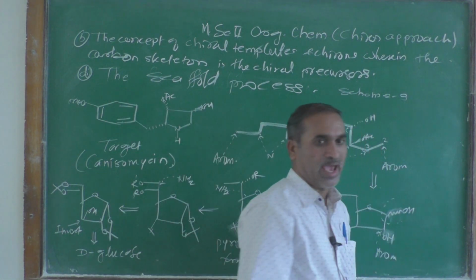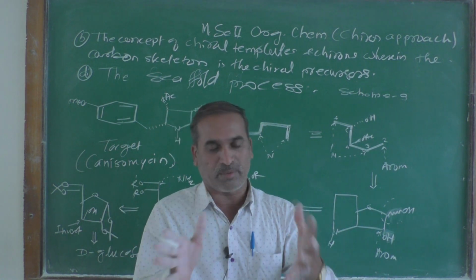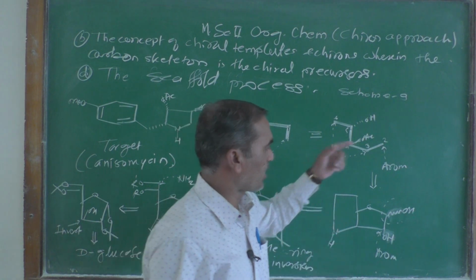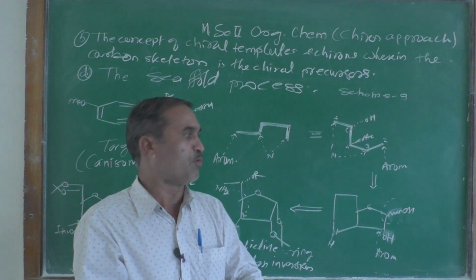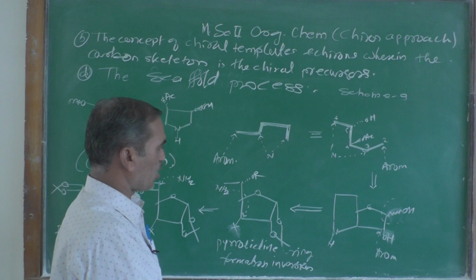The zigzag line clearly indicates that at the anomeric carbon atom we do not know whether that OH is coming from above or below, and at that moment that type of zigzag line is drawn.